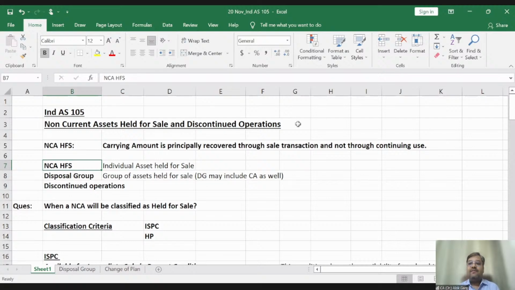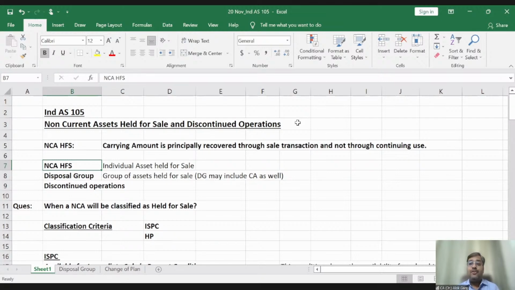Normally, the assets which are held for sale in the ordinary course of business are not classified as non-current, those are classified as current. For example, inventory, right? So normally non-current assets like PPE, which is your property, plant and equipment, intangible asset, investment property, biological assets, these items are generally non-current in nature, right?